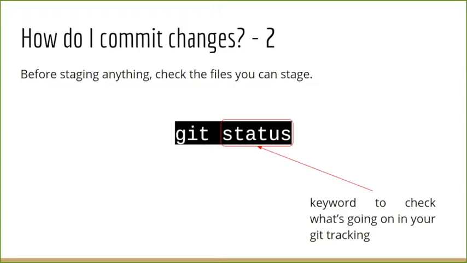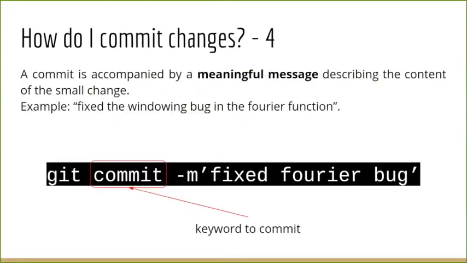And then you can commit with a certain message. So a commit is going to be the combination of the code that you added in your code base and this particular message describing the content of that small change, of that code that was added. And the best practice here, which is not really highlighted in this example, is to have a very descriptive commit message.